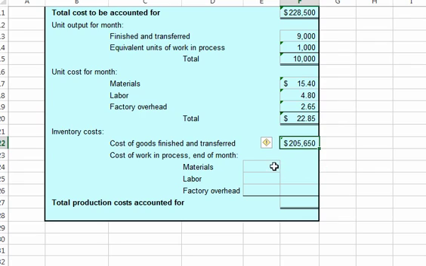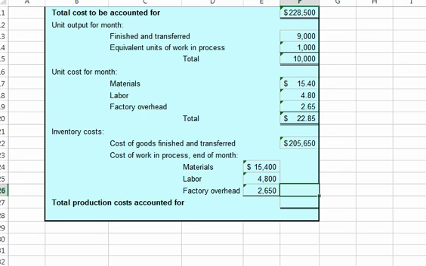Well, our equivalent units there were 1,000 times our per unit cost for materials, $15.40. For labor, still 1,000 equivalent units times our labor cost of $4.80. And then 1,000 equivalent units on factory overhead times our $2.65 cost there.